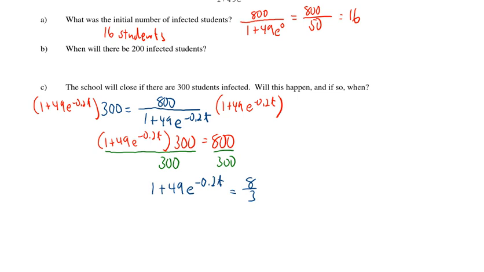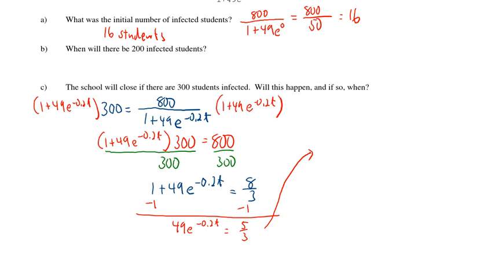So what do you think now, guys? We subtract by 1. Good. Subtract 1. And what's 8/3 minus 1? 5/3, right? Because 1 is 3/3. What's next? We divide by 49. Good.